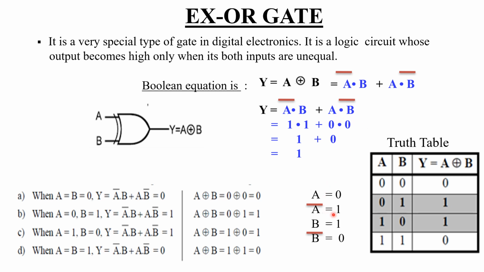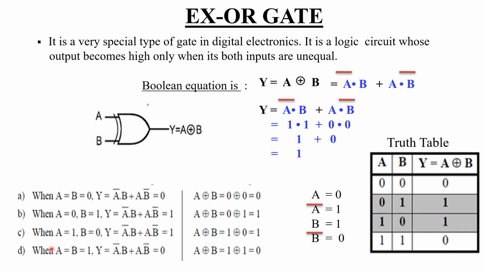So what is A bar? 1. 1 into 1 is 1, plus 0 into 0. So 1 or 0, that is 1. So when the input is 0 1, we get 1. Similarly, when the variables are 1 0, we get 1.